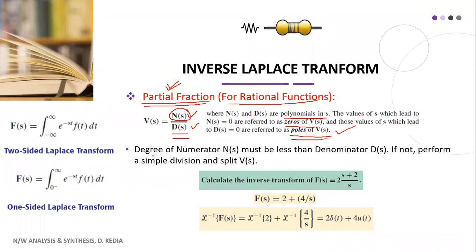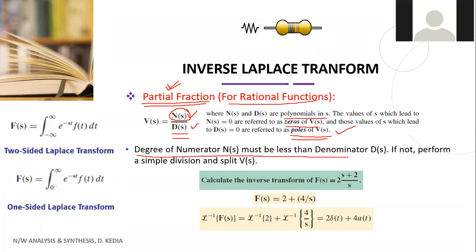Another important thing for partial fraction to apply is that the degree of numerator must be less than denominator. Since N(s) and D(s) are polynomials in S, numerator degree will be less than denominator.